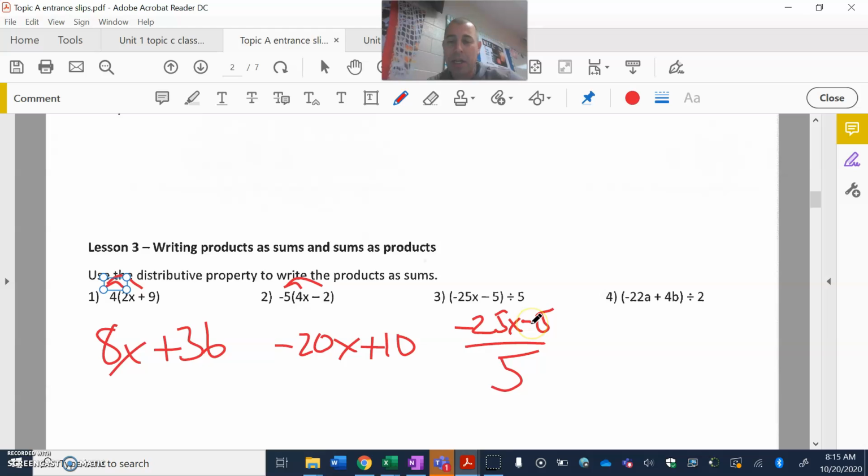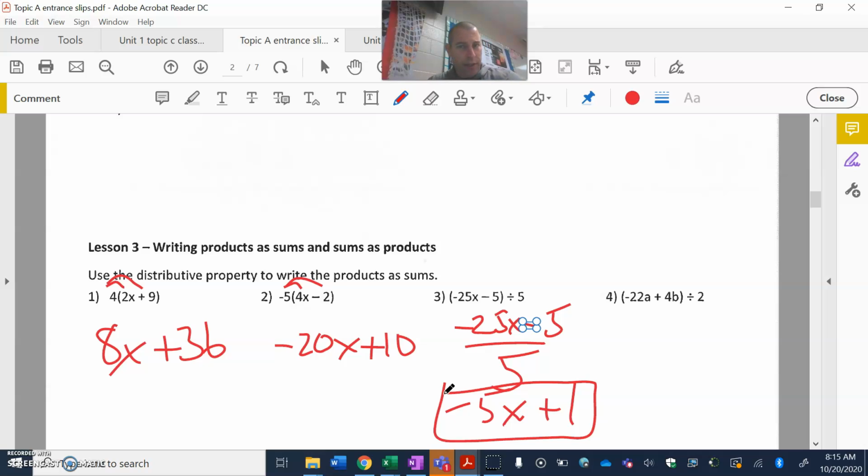So what we've got to keep in mind here is that when we're doing our division, we have to divide to everyone who's up there. So if I take this negative 25x and divide by 5, well, negative 25 divided by 5 is a negative 5. A negative 5 divided by a negative 5 is a positive 1. So there's my winning answer.